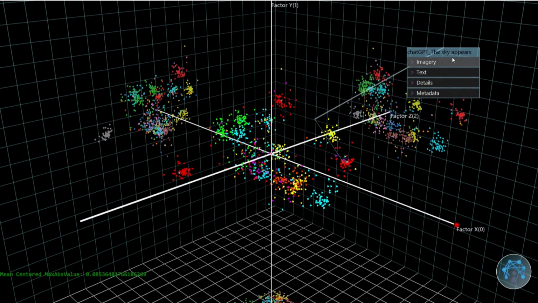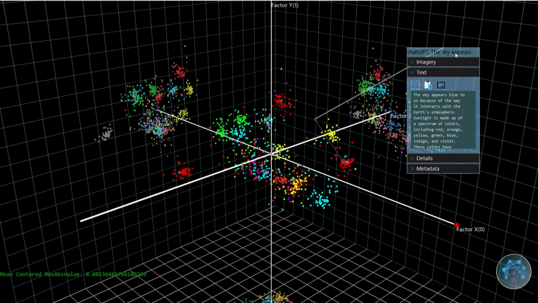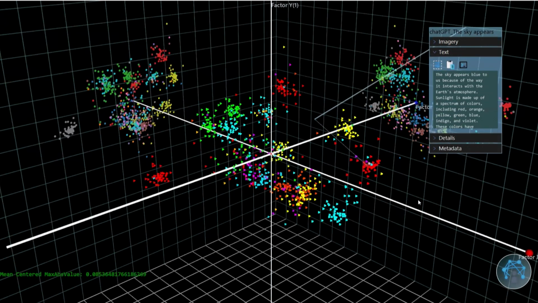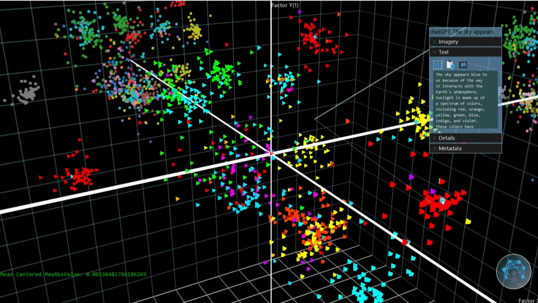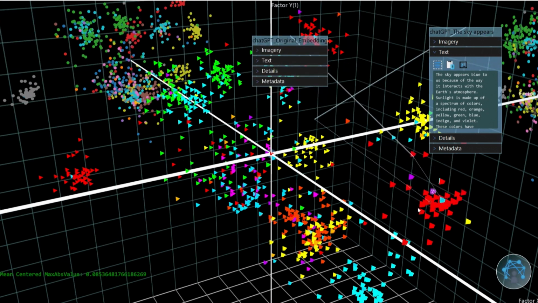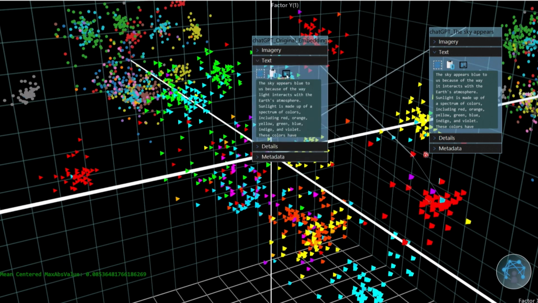Well, they're all ChatGPT generated. And here's a permutation. Here's the actual text that was produced right here. And if we get way down in there, we can see, oh, what's this one? Ah, that's the original. So you can see this is a point cloud associated with it. And we can take a look at that exact one right there.